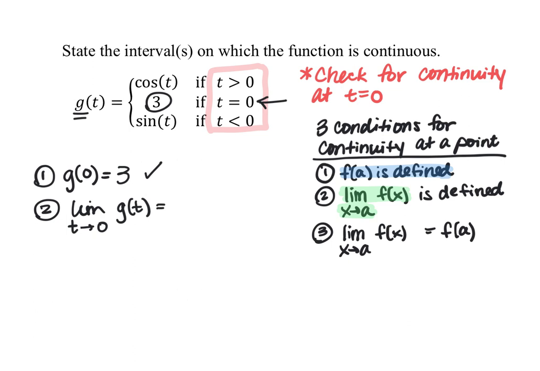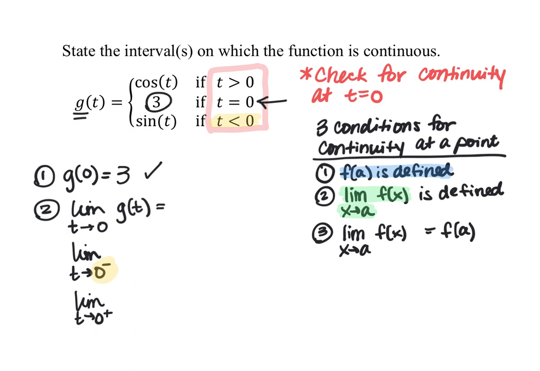Now, because g is a piecewise function, we're going to determine the value of this limit by looking at the one-sided limits. So the limit as t approaches 0 from the left, as well as the limit as t approaches 0 from the right. Now, if we're interested in the limit as t approaches 0 from the left, then we're interested in values smaller than 0.